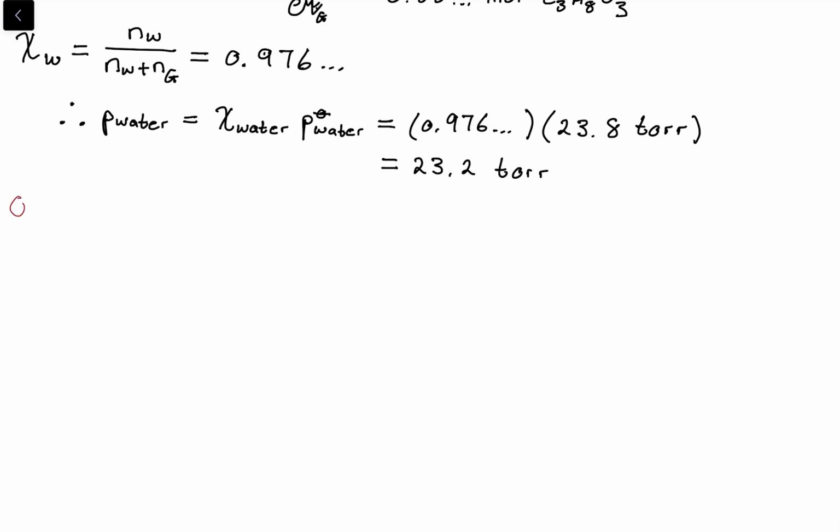Something else that you can do is calculate the change in vapor pressure of the solvent, which should be equal to minus the mole fraction of the solute multiplied by the standard vapor pressure of the solvent at the temperature.